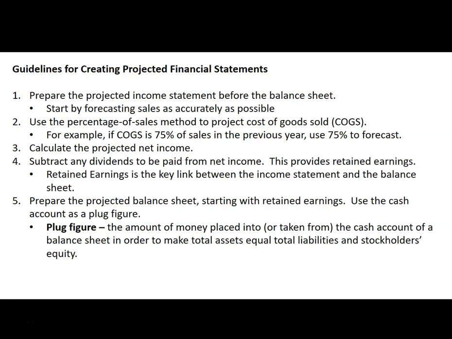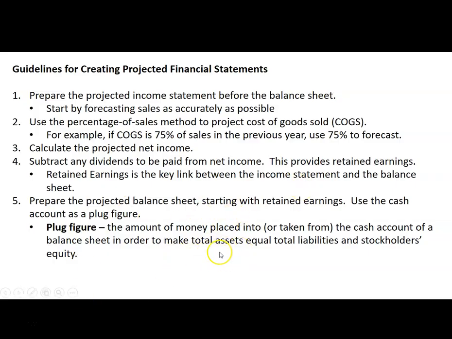And then the last thing we're going to do is update the cash account on the balance sheet. And this number that we're going to plug into the cash account is called the plug figure.